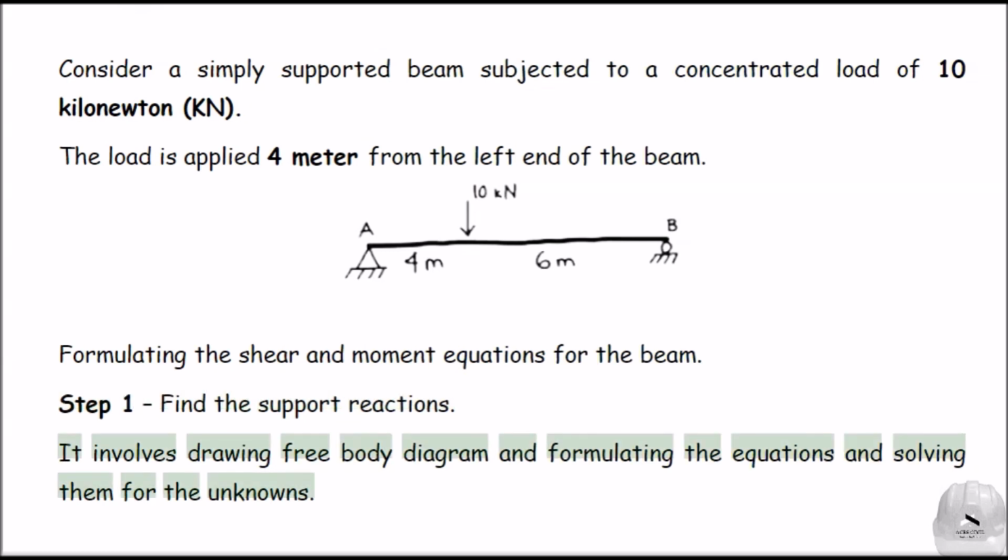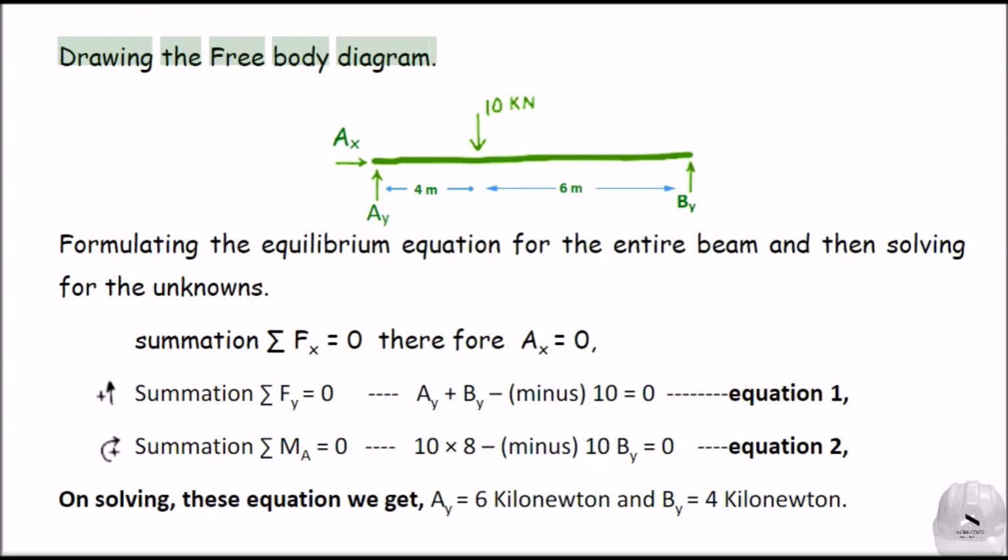It involves drawing the free body diagram, formulating the equations, and solving them for the unknowns. Drawing the free body diagram, then formulating the equilibrium equations for the entire beam and solving for the unknowns.